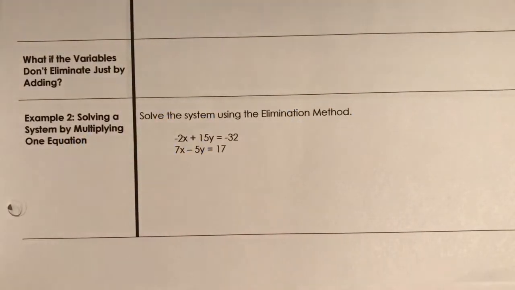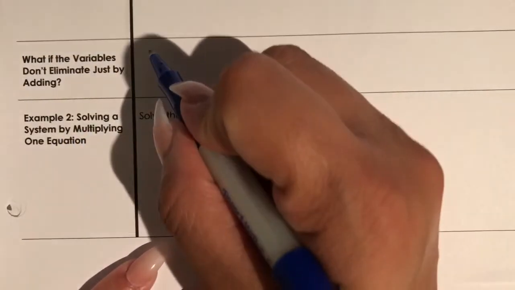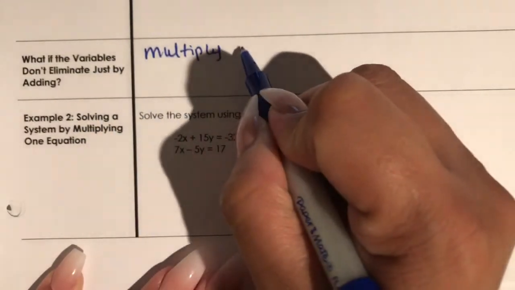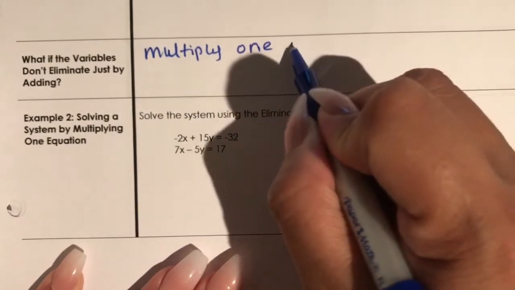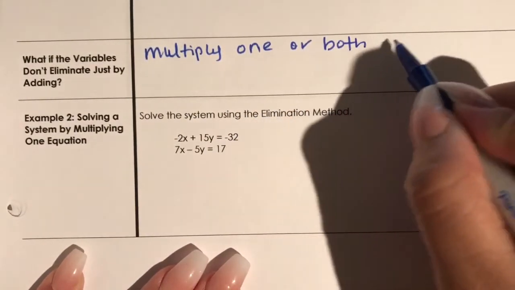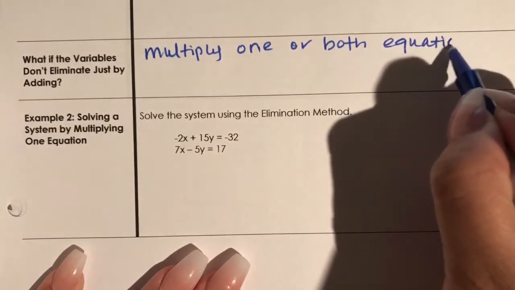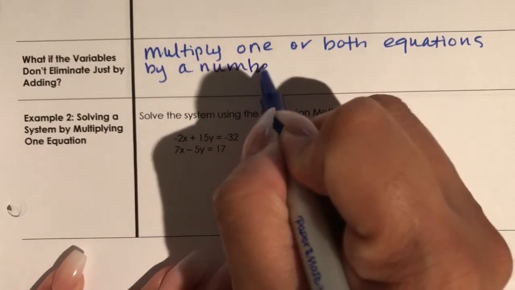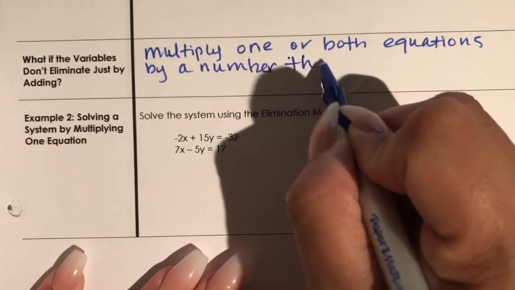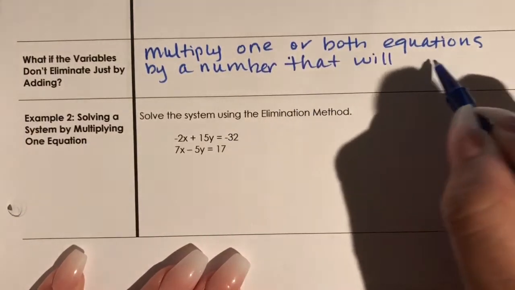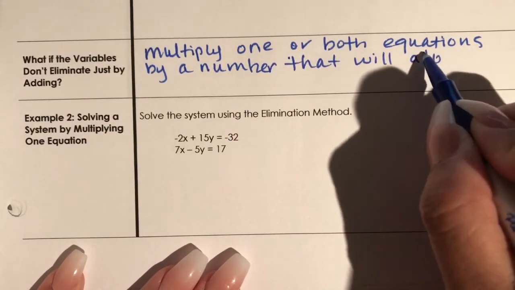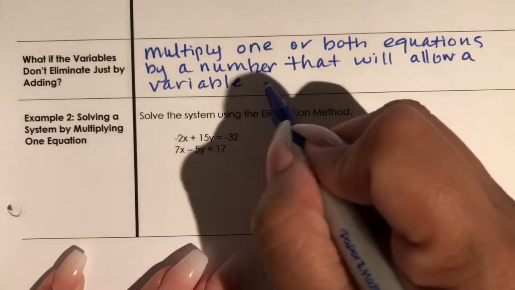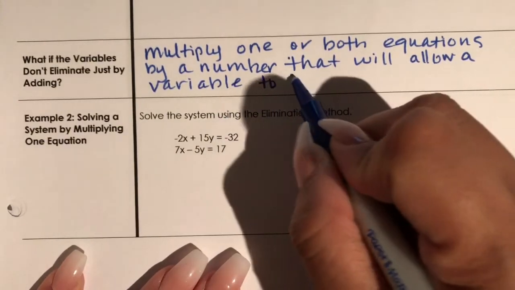So, what if the variables don't eliminate just by adding? Well, this is what we're going to do. We're going to multiply one or both equations by a number that will allow a variable to disappear.